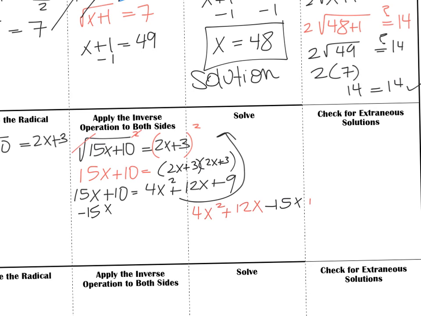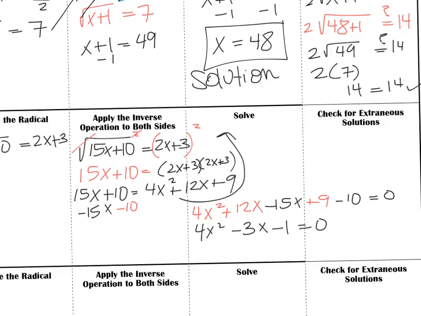And then we have a plus 9, and I'm going to subtract 10 from both sides. I end up having 4x to the power 2, minus 3x minus 1 equals 0. So I moved everything to one side of the equation, because if you take a closer look at this, you can factor it.